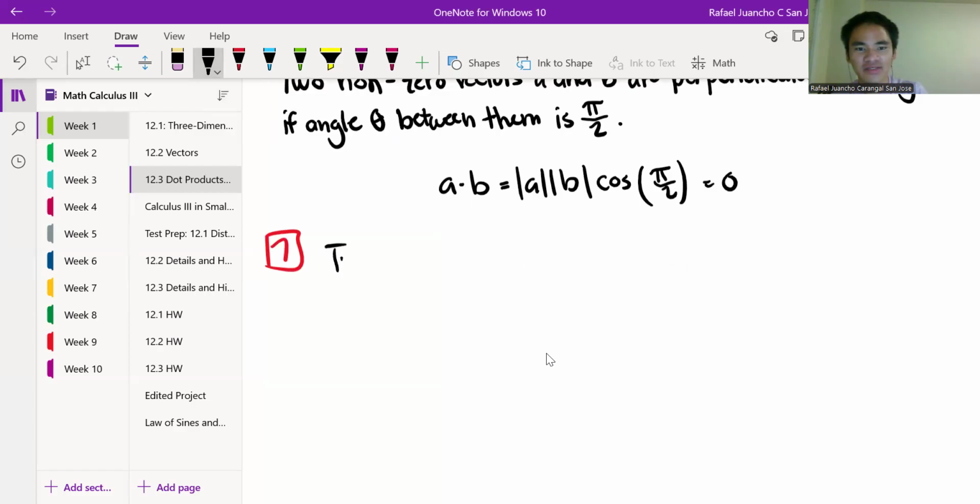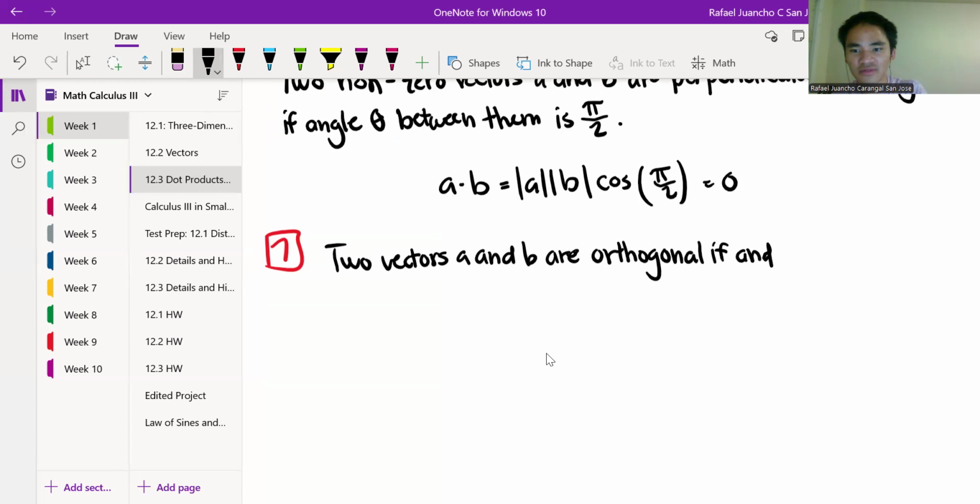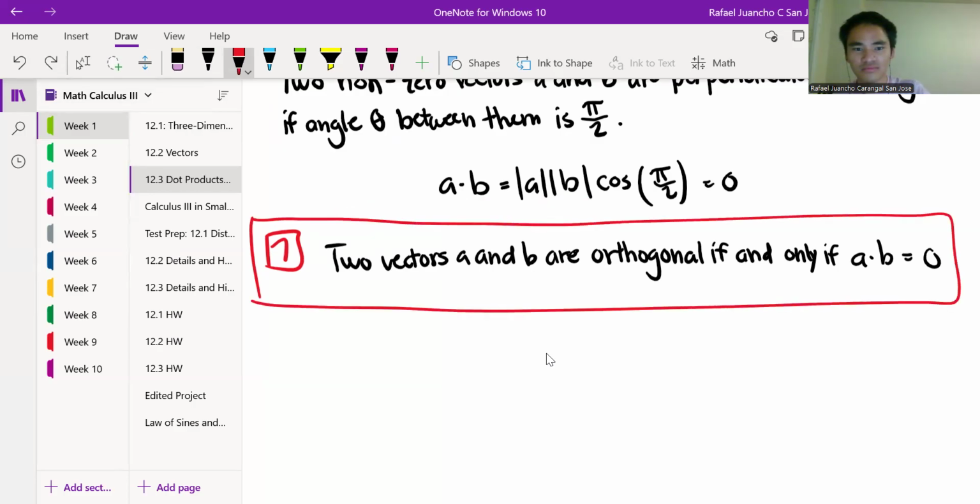So the idea is basically two vectors, namely A and B, are orthogonal or perpendicular if and only if their dot product is 0. Right?